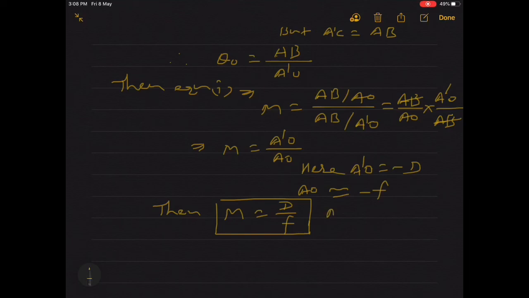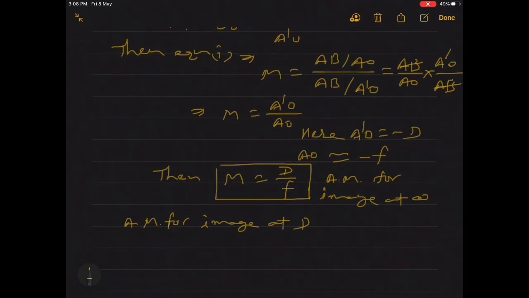Now you can compare these two expressions. This is angular magnification for image at infinity, and in the last case we had angular magnification for image at D. We have m is equal to 1 plus D upon F. So we have two expressions for angular magnification for a simple microscope, and these two are D upon F and 1 plus D upon F. So you can see in which case magnification is more.